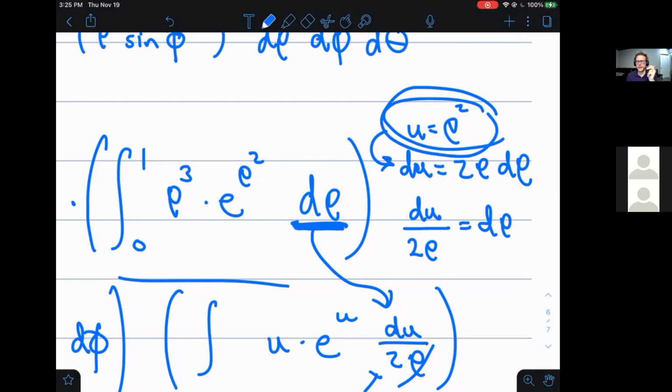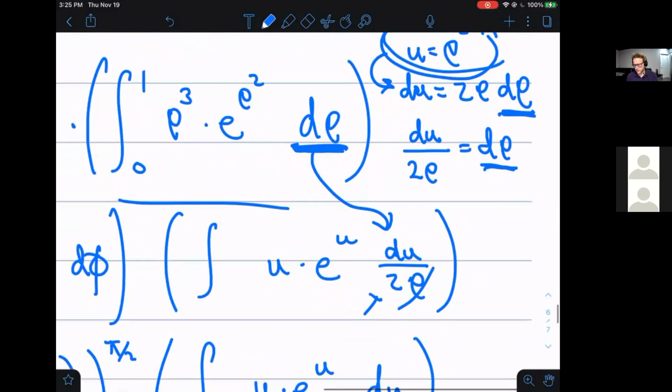And so if I'm interested in how do I swap out my d rho, well, then you can go ahead and rearrange, dividing by 2 rho on both sides, and you get d rho is equal to du divided by 2 rho. And this is what it looks like in the integration. Du divided by 2 rho.